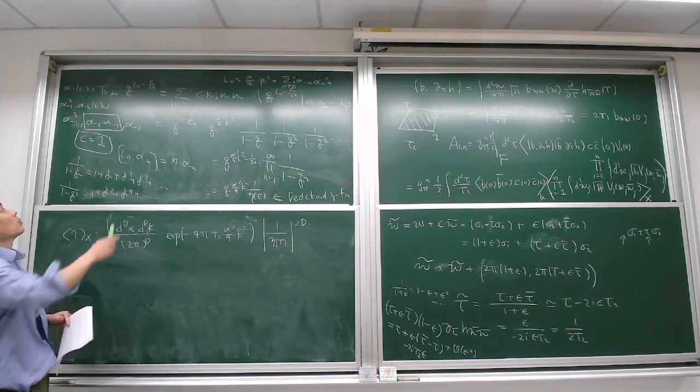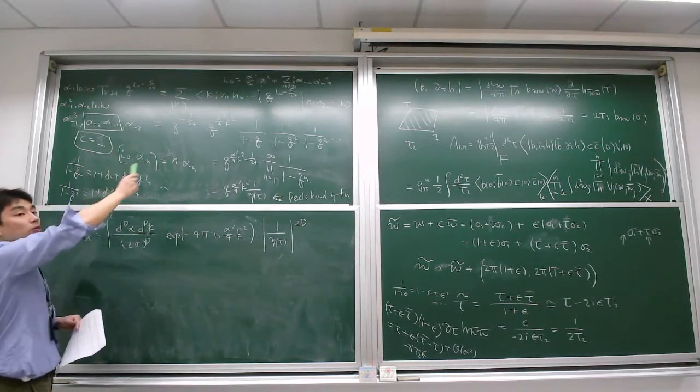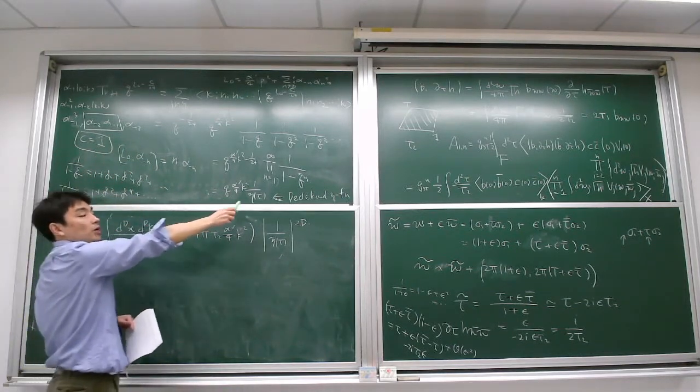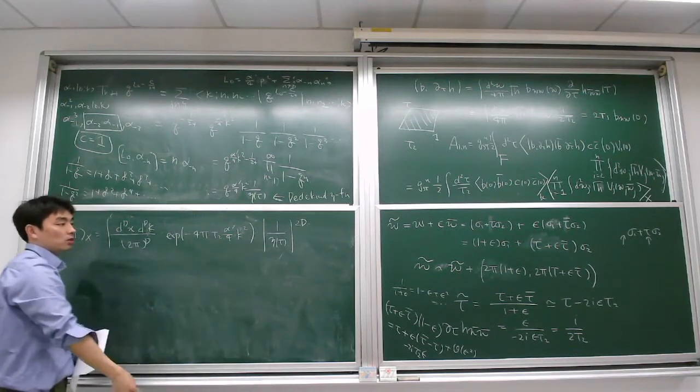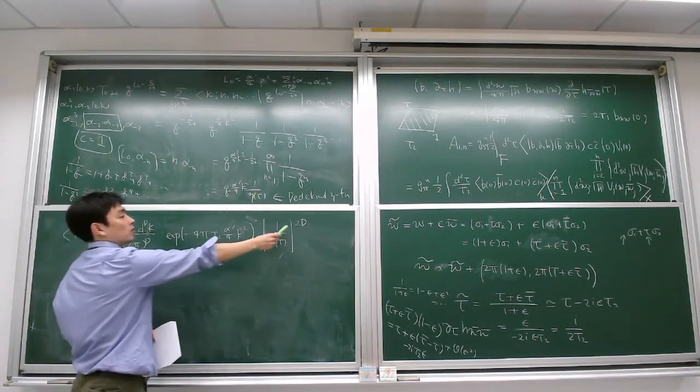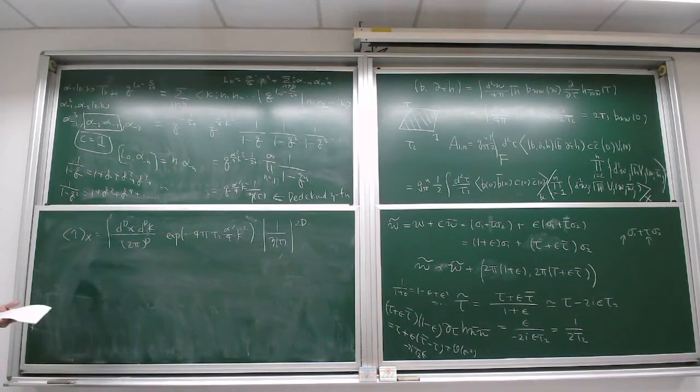So this is with the dimension mu fixed. So each dimension will give you 1 over eta. If you consider holomorphic and anti-holomorphic, you get 2D. Okay, so then. Any question?